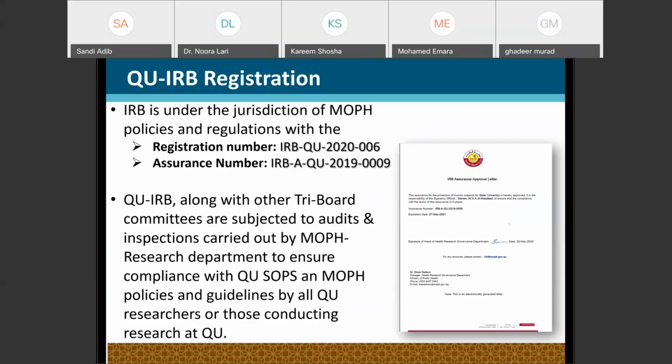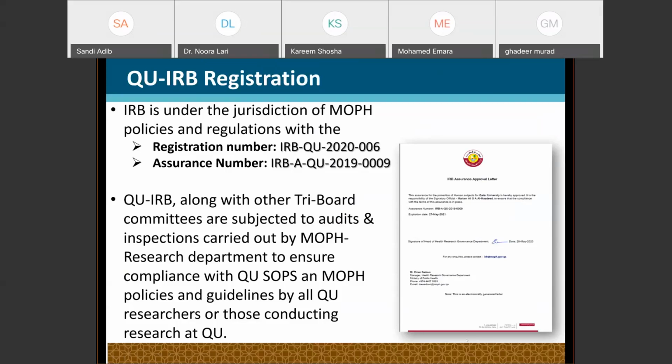So, of course, if you apply for grants and funds, you are very familiar with the assurance number. QUIRB always maintains a valid assurance that is renewed every year. Since the QUIRB is a registered committee under the MOPH, it is always subject to audits and inspections by the research department at MOPH.